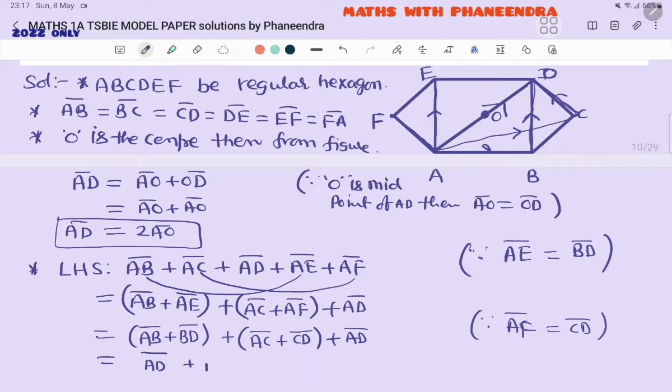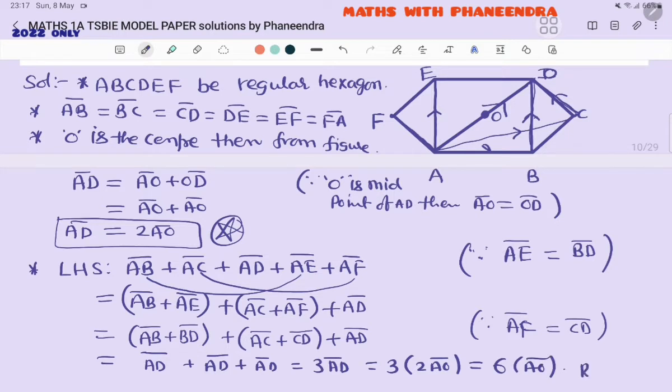Again by the triangular law of vectors, this is also AD. Already AD is there, so 3 times AD. So one of the question is over. Again AD can be written from star as 2 times AO, so 3 times 2 times AO is equal to 6 times AO, which is the required RHS.